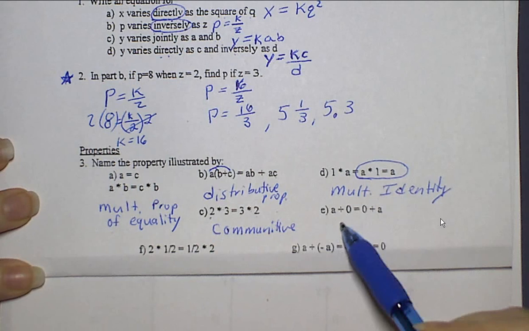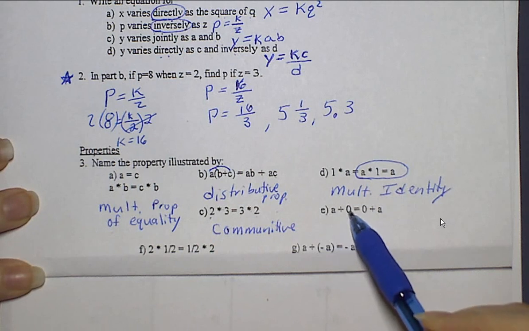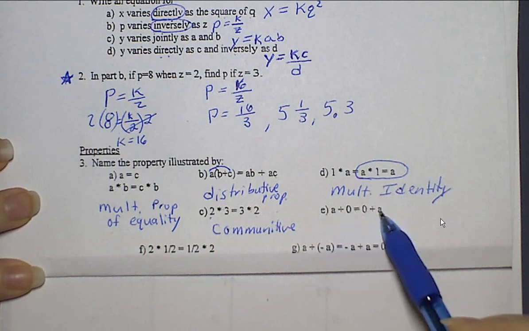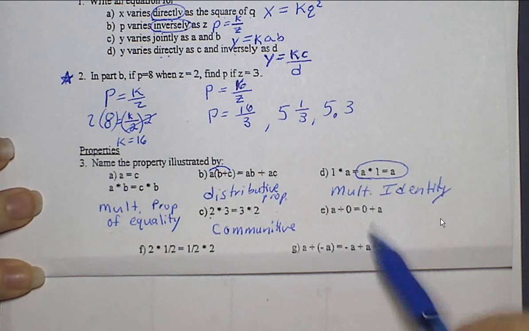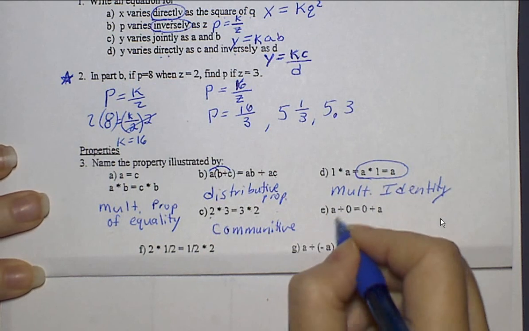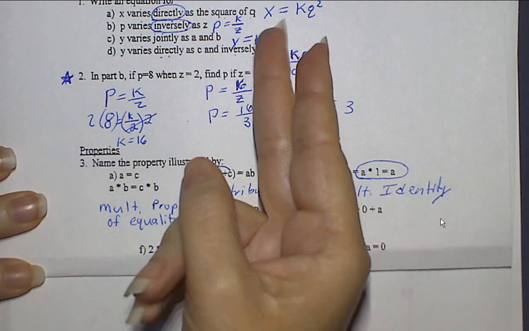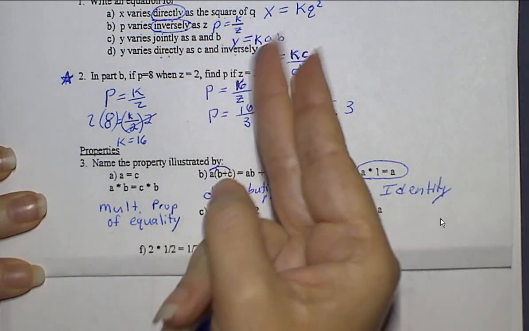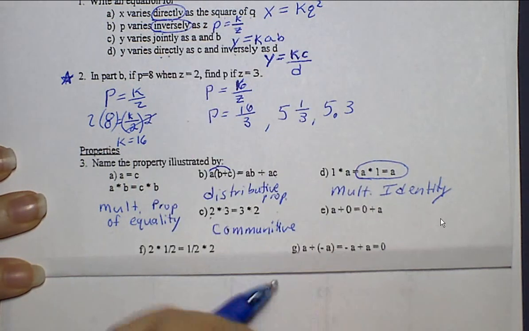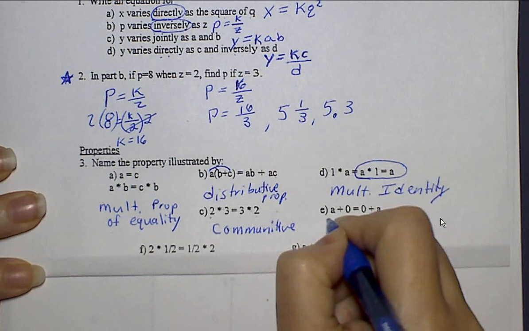Now, if we have here A plus 0 is equal to 0 plus A, if it's just like that, then it's commutative, right? Because commutative is where they move around. So that's exactly what they just did, is commutative. Right? So if it's like how it is right there, it would be commutative.